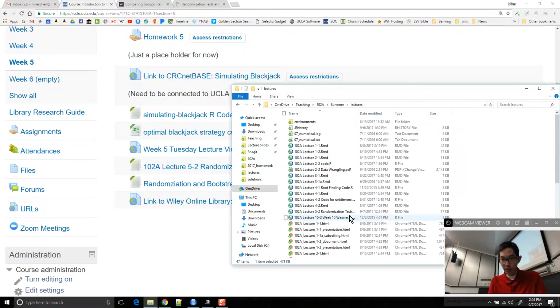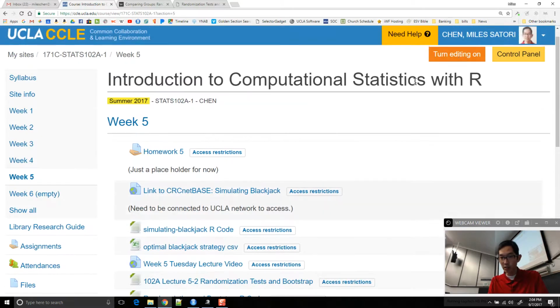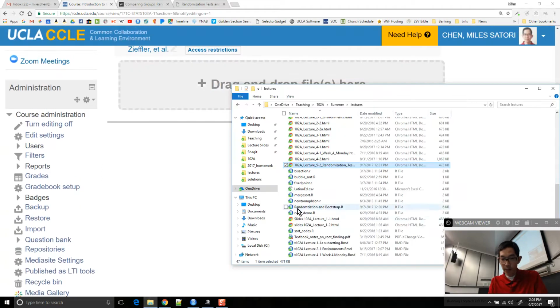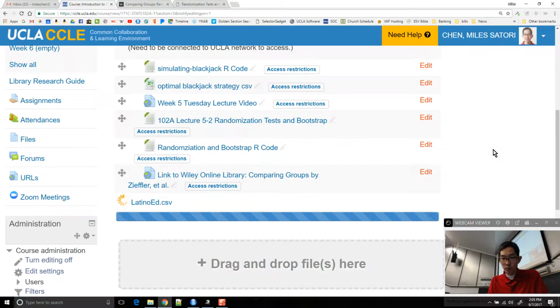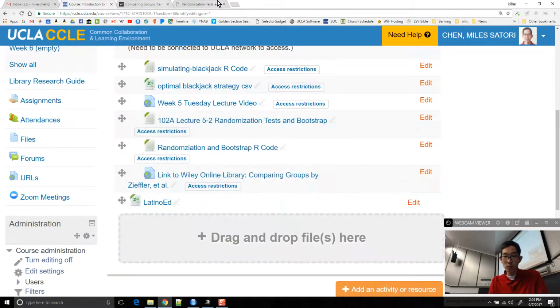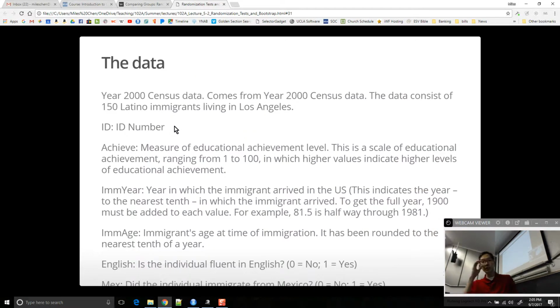Let me upload this CSV file, because if you want to follow along, you will need it. That's the data set that we're looking at.